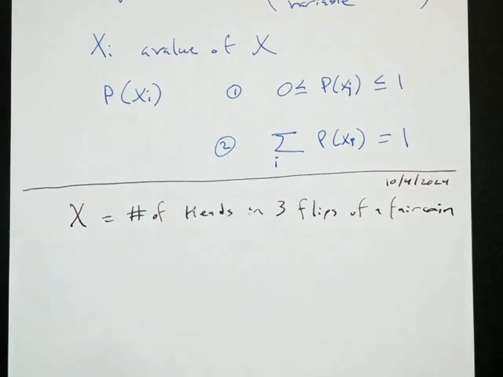What are the options available to me for the outcomes of this random variable? That's for one flip. We're flipping 3 times and we're counting the number of heads. What are my possible results? I get 0, 1, 2, or 3 heads.